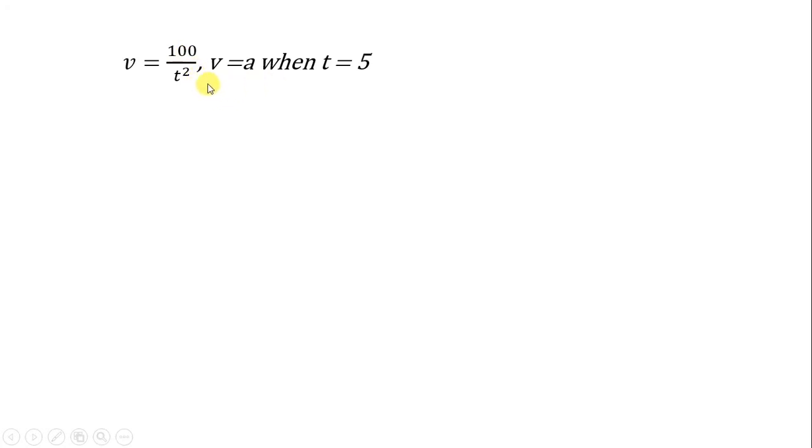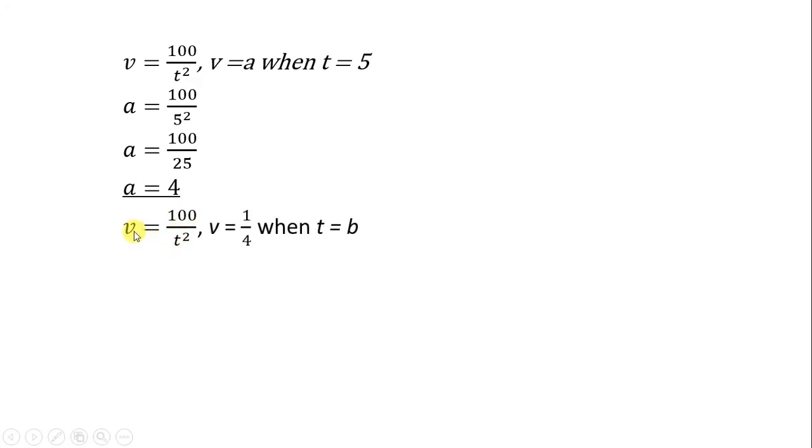Then we have to solve for a, according to the table we've been given. So where there's t, we'll replace a 5. So if you square 5, what are you going to get? A 25. Therefore, our a is equals to 4.